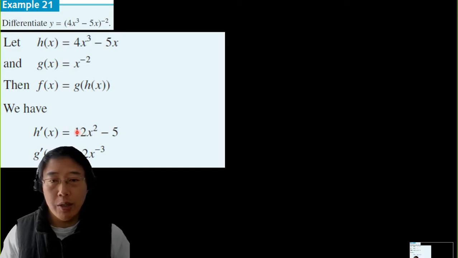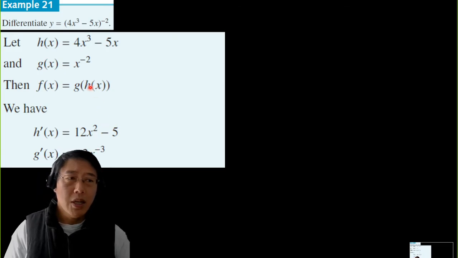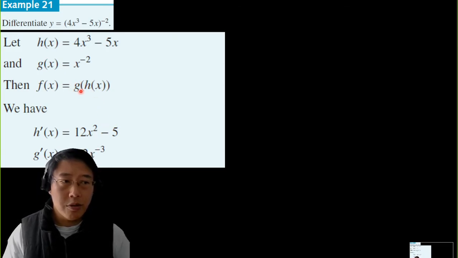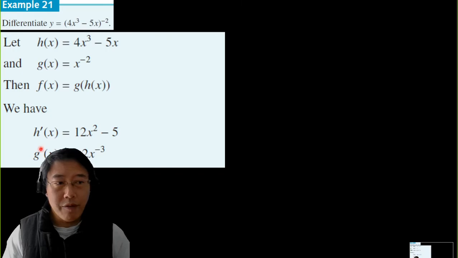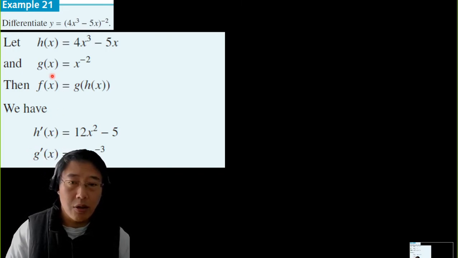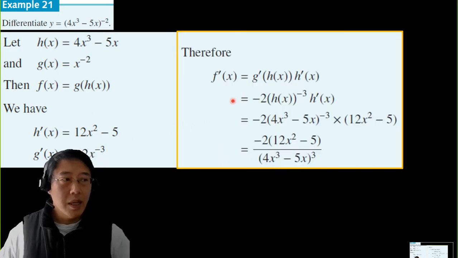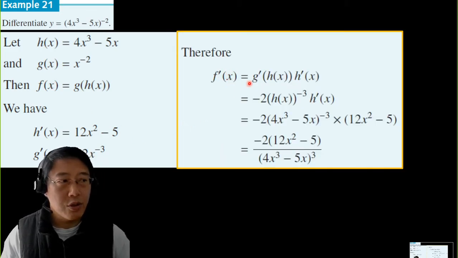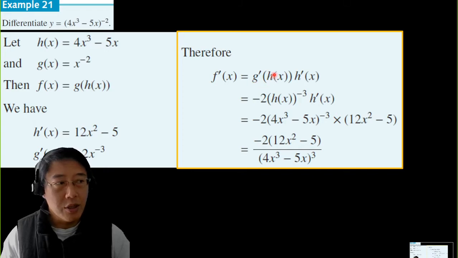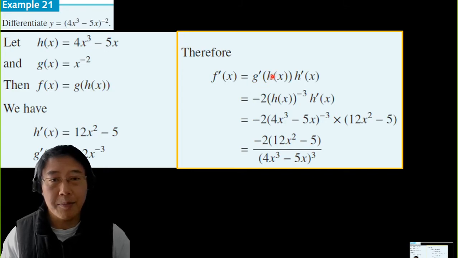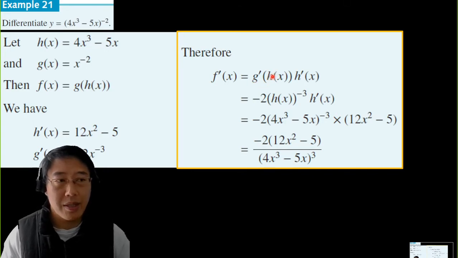You differentiate both of them in terms of x. With the second function, which is your g, when you introduce the chain rule, for that derivative, so you have your g prime here, you need to substitute x by h. Okay, so that's the definition.